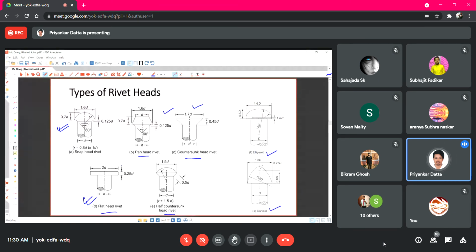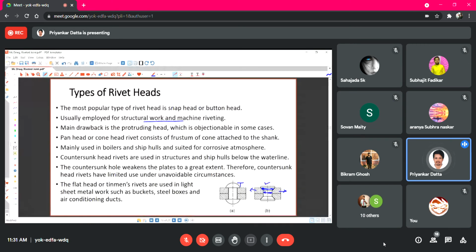You can check if you have a steel bucket or iron bucket at your home, you can see that one end is joined using this type of flat head rivets. Also air conditioning ducts and steel boxes are joined using flat head rivets. So these are some of the applications.